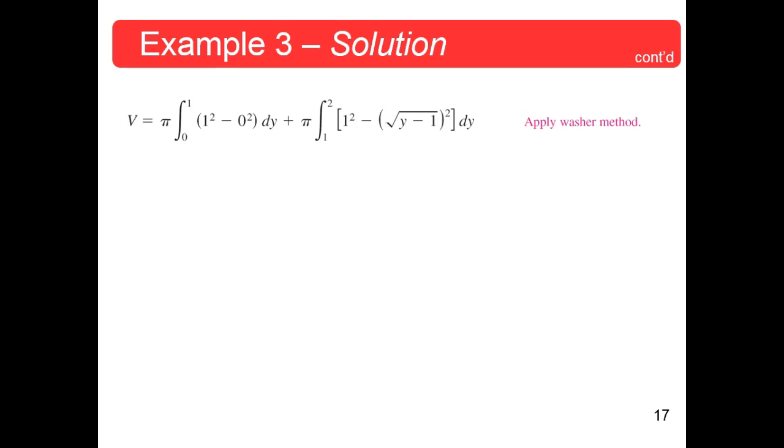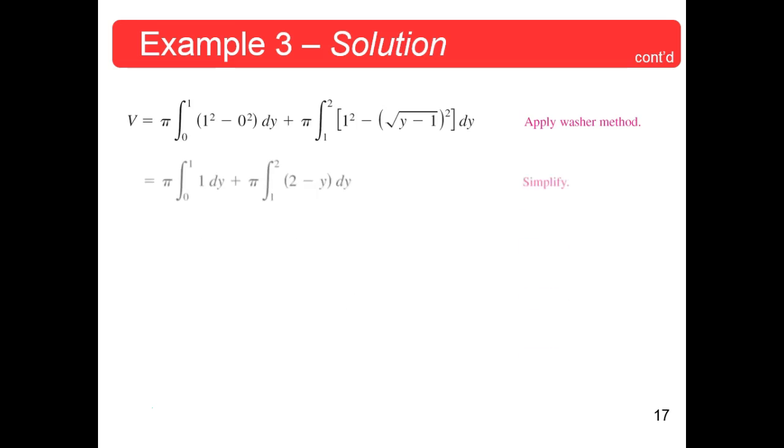And here they show you how to do that. The first part is really just pi, but they string it out. The second part is pi times 1 squared minus square root of y minus 1 squared. The square root of y minus 1, squared, would be y minus 1. So it would be 1 minus y minus 1, which is 2 minus y.